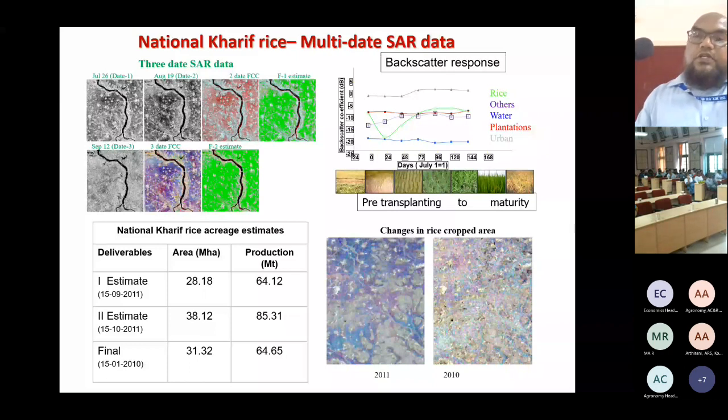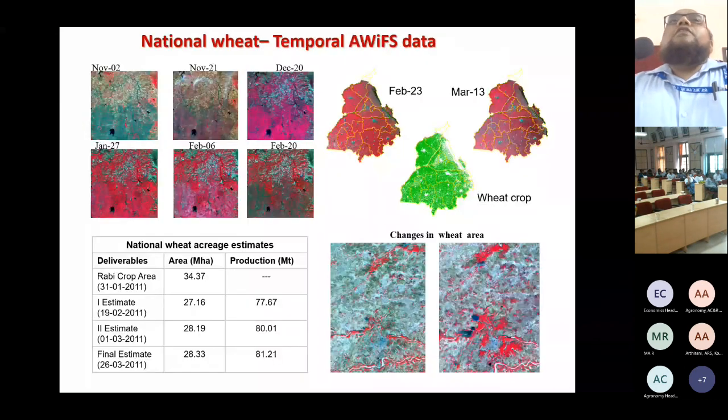Similarly, during the Rabi season, we do not have much disturbance by cloud. So optical data is there. You can see here in the slides, I have put some 6 optical data sets starting from November to February, for part of Punjab.